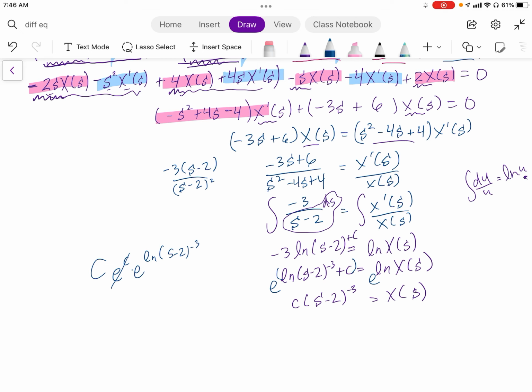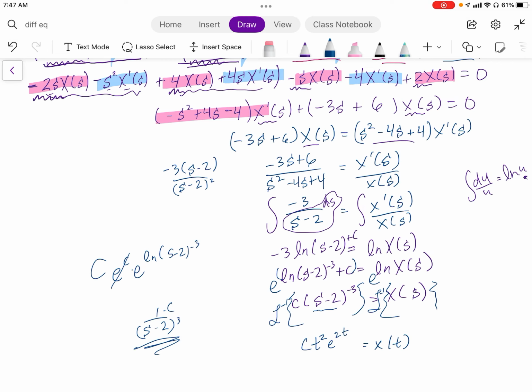Now we can take the Laplace inverse on both sides, and before we do that, we'd think of this piece here as this. We have a c in the numerator, so when we take the Laplace inverse, we can find this on the table, and therefore x of t is c times t squared e to the 2t.